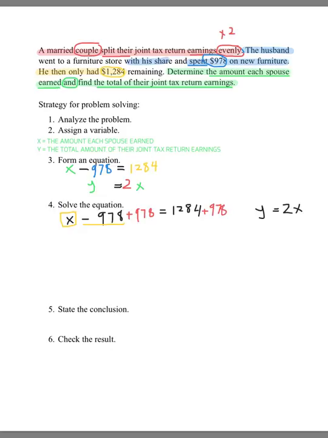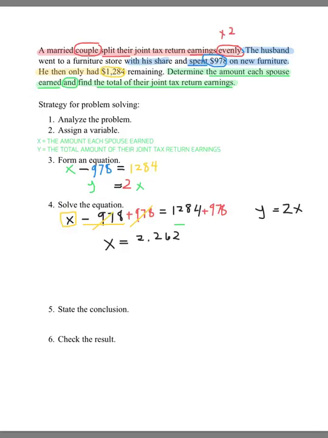On the left-hand side, the negative 978 cancels out with the positive 978, and we're left with simply X. Once we do the addition, we find out that X is equal to 2,262.